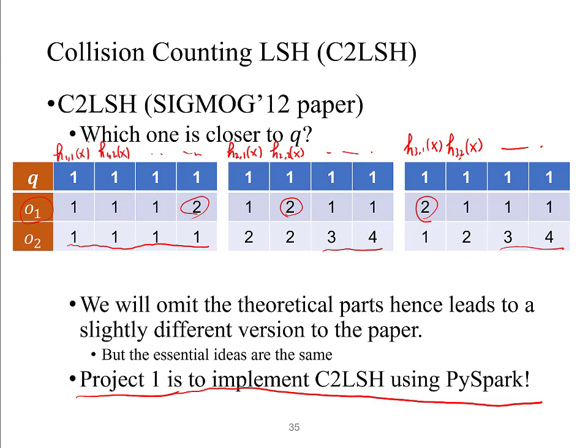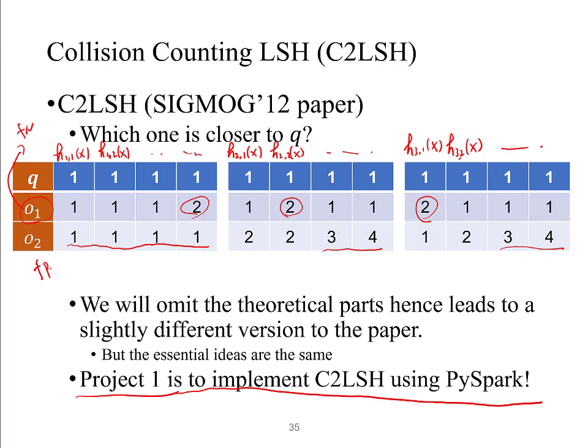So most likely O2 would be a false positive and O1 a false negative. But LSH will include O2 and exclude O1. Both are not what we want.